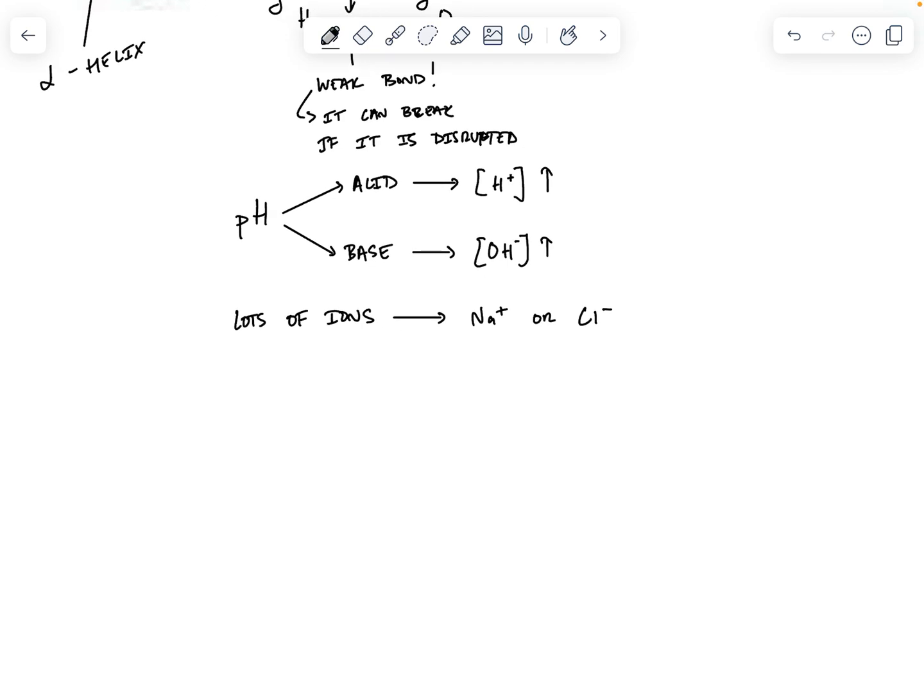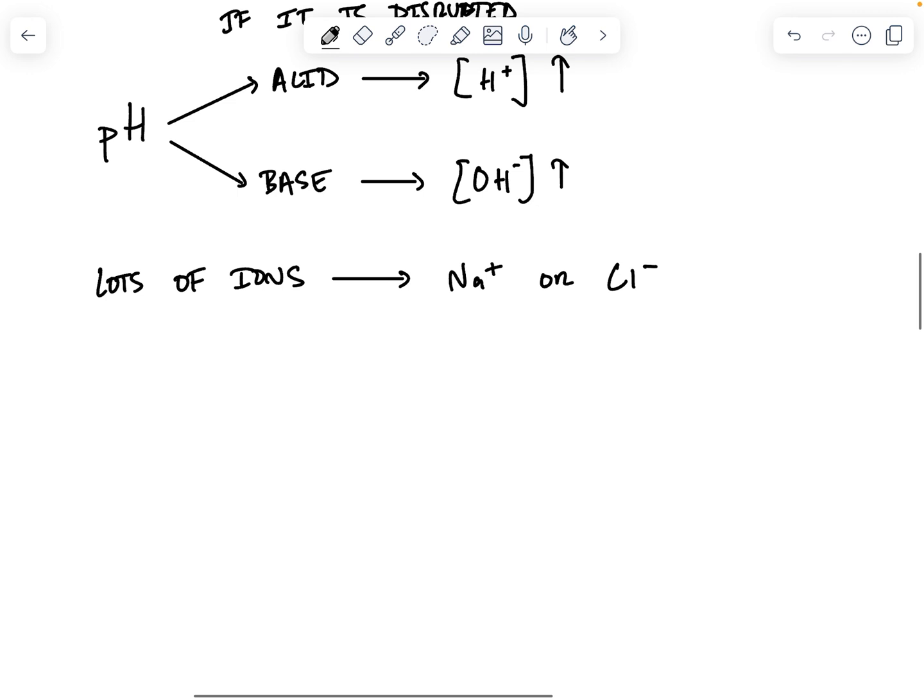Okay, the last thing that can disrupt hydrogen bonding is the temperature. When the temperature gets higher, when it gets hotter, there's just more energy in this mixture. The temperature is a measure of the average movement of particles in solution.